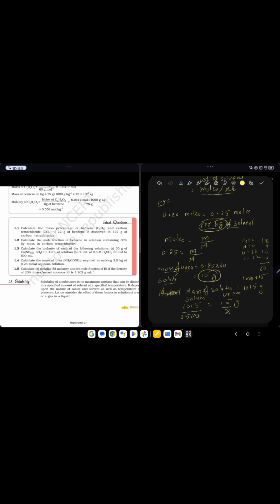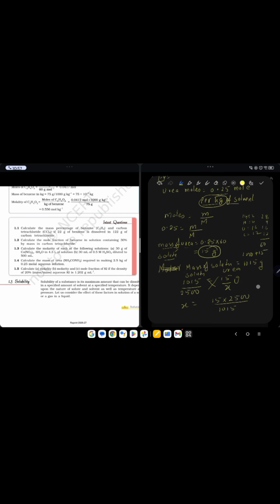How much urea is present in it? It becomes a very easy question now, and x can be found: 15 multiplied by 2500 divided by 1015, and we get the mass of urea, which turns out to be 37 gram.